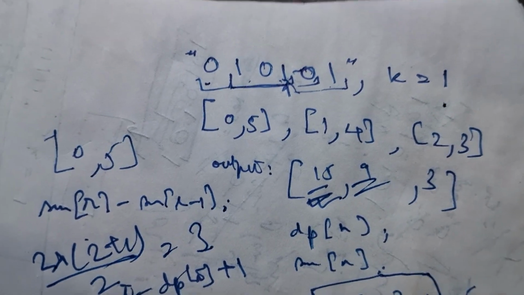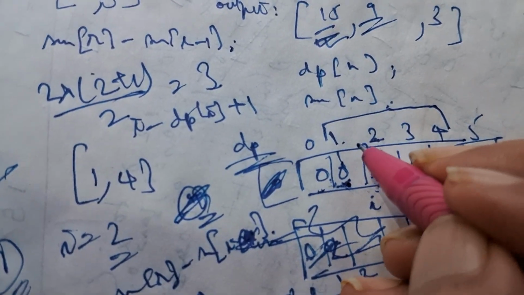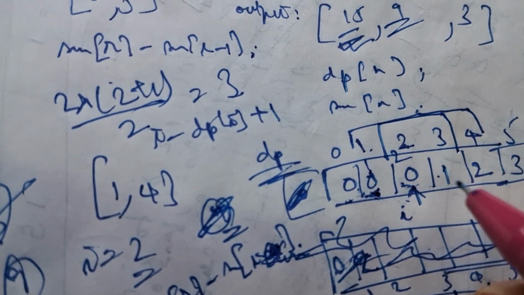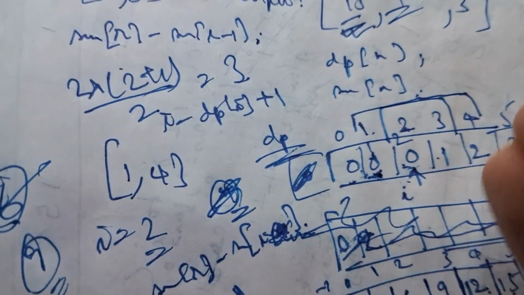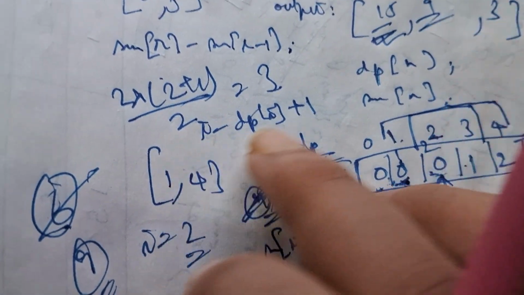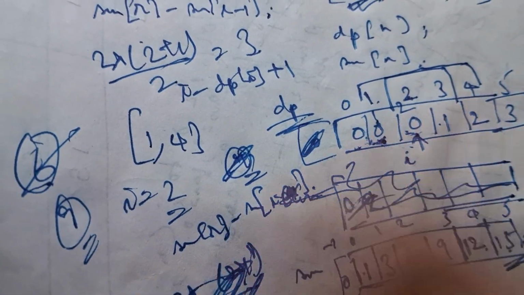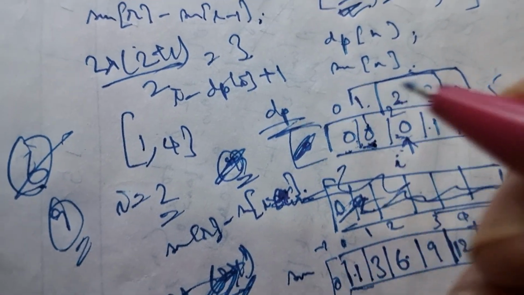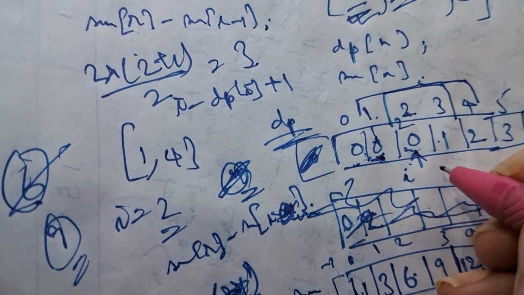So if I do the last thing, I think this will be very much clear to you. For 2 comma 3, in this situation, we can say that both the elements are way before it. So for the sum R minus sum I minus 1, we are going to consider nothing, because we can't consider any of them. So just blindly, we are going to write the M as 2.